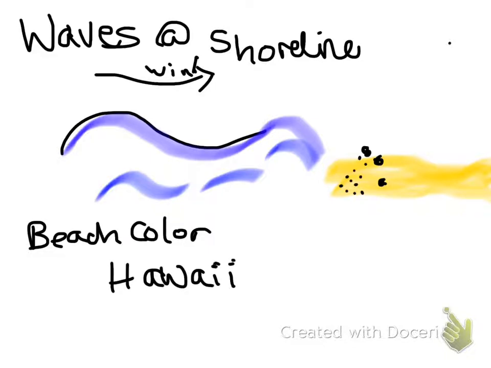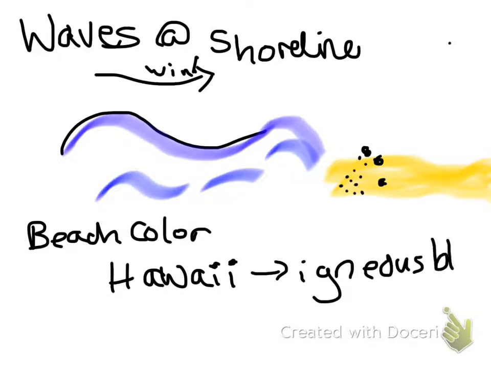Volcanoes have formed Hawaii because Hawaii is over a hot spot we've already learned about. So that's volcanic activity. So igneous rock, when it breaks down, you get black sand.